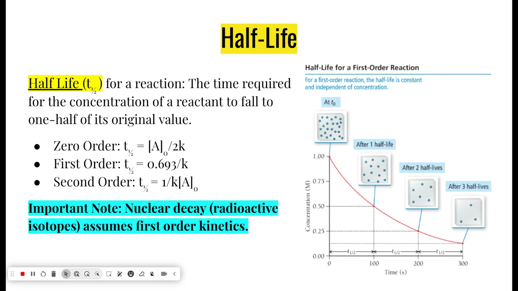Okay. For nuclear decay or radioactive isotopes, we always assume first order kinetics. And for that matter, guys, although I may show the other equations, zero order and second order, in the class, only first order is evaluated on the AP exam.